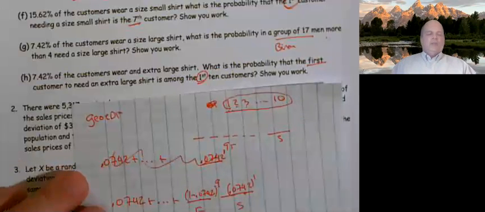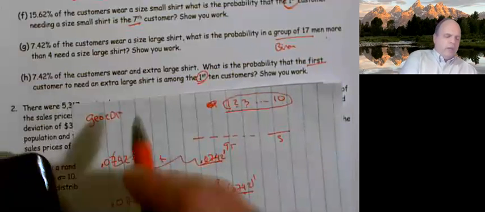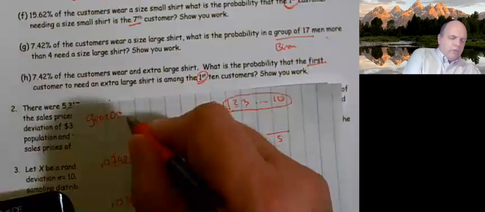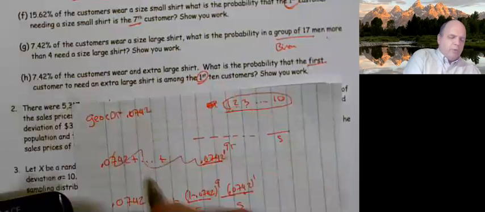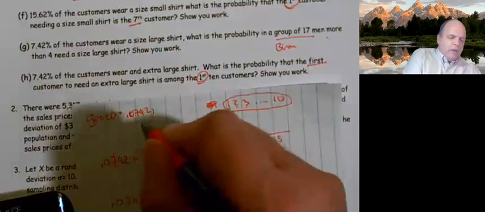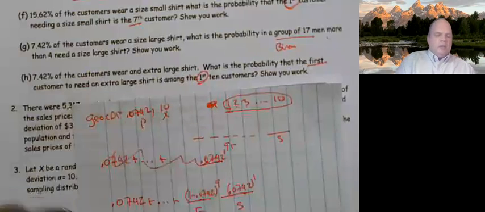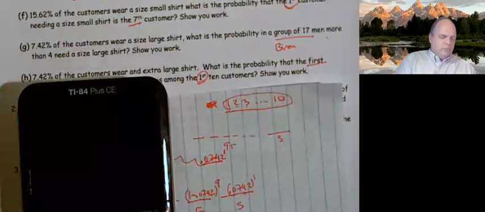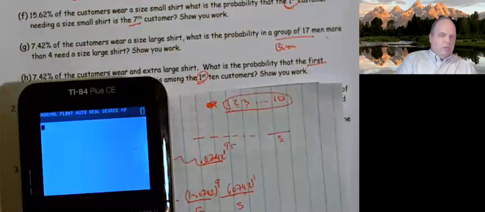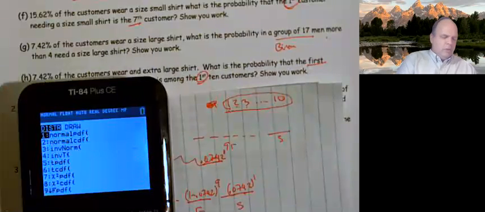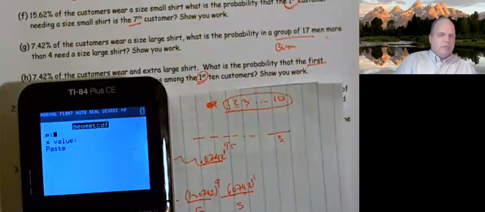All right. So we said it was a CDF. Our probability is 0.0742. And our X value in this case is 10. Second vars, geometric CDF, probability 0.0742, X value 10.